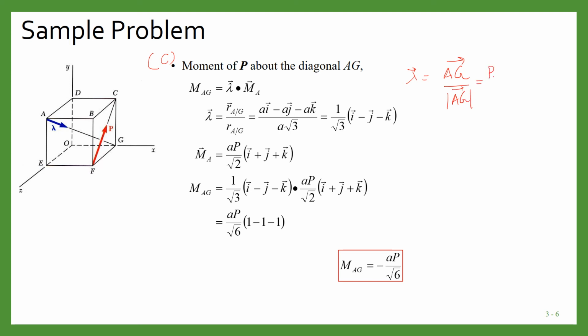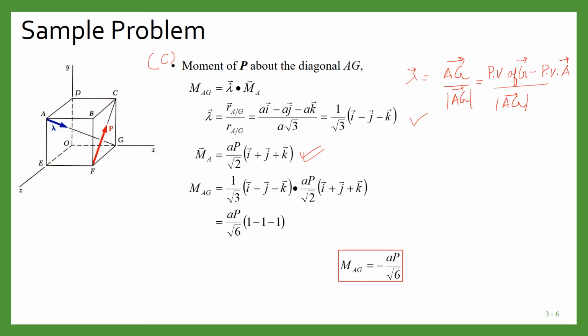This will be equals to position vector of G minus position vector of A, and this is the magnitude. So when we do this, you will get lambda vector as this, 1 by root 3 i minus j minus k, and M_A you already know.